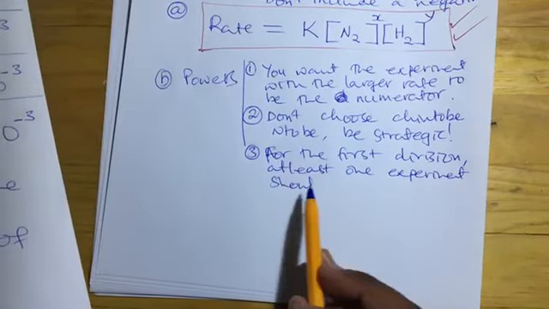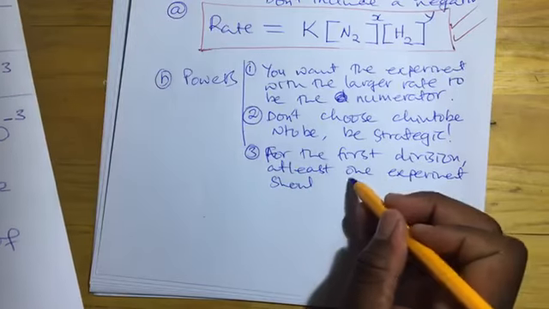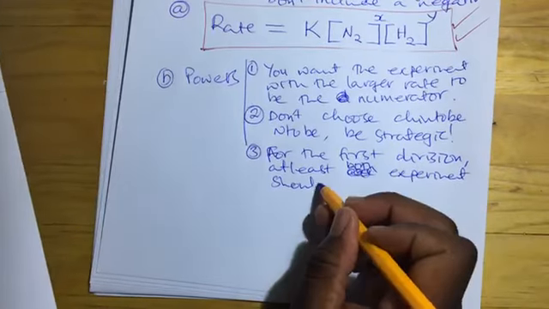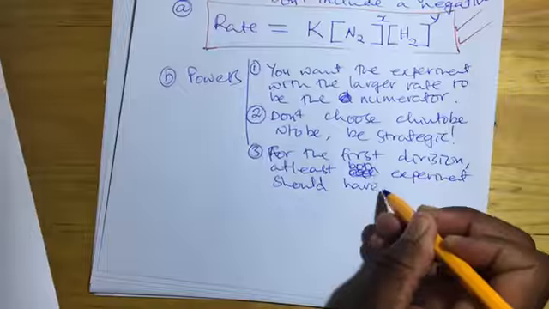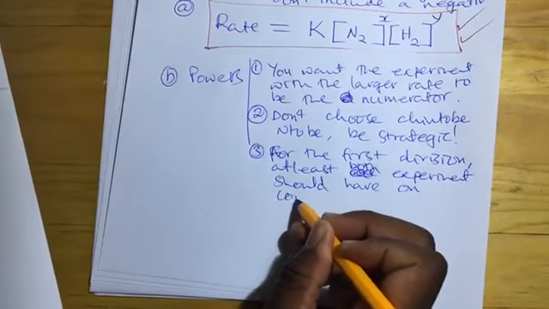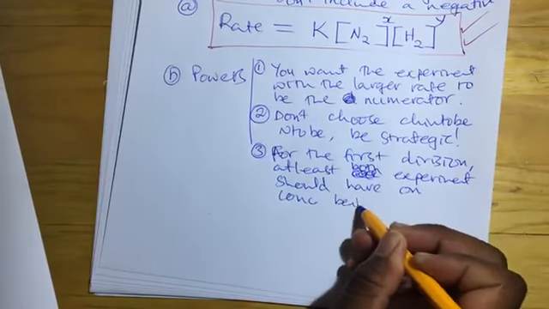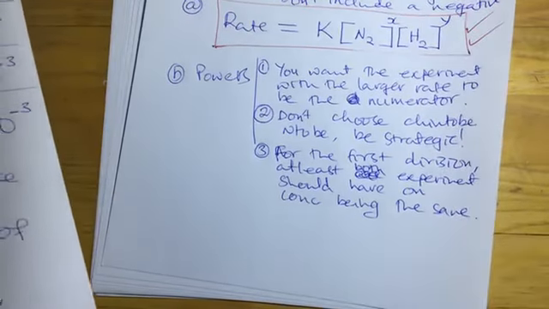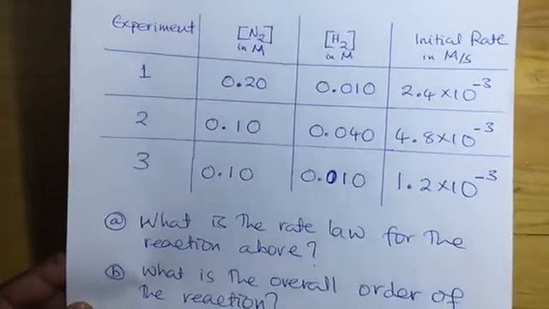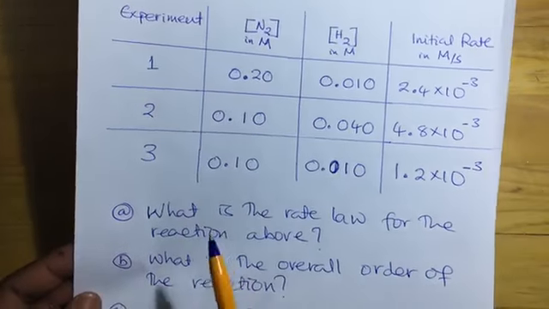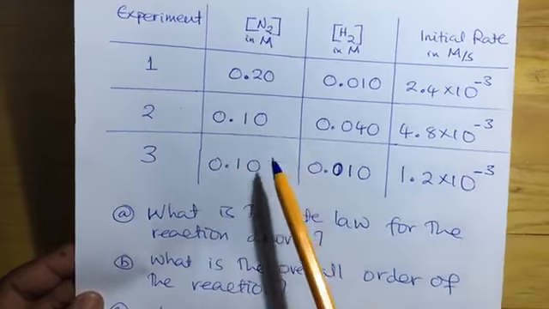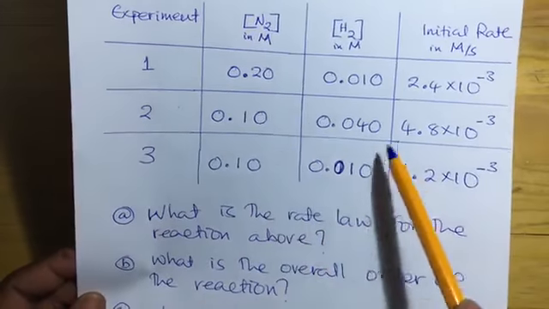If you look at experiment 2 and experiment 3, they have the same concentration for nitrogen, even though the hydrogen concentrations are different.